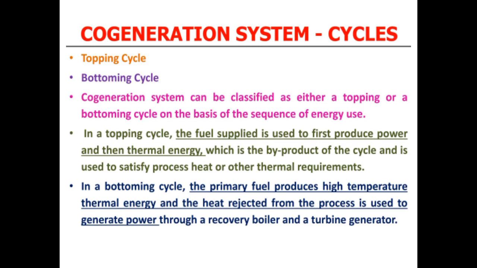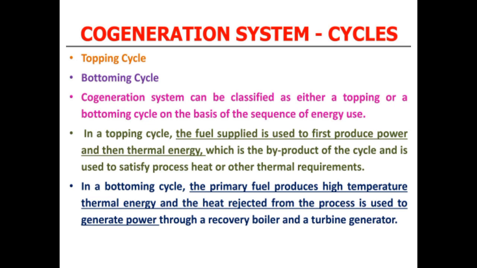The basic cogeneration system can be classified into topping cycle or bottoming cycle based on the fuel supply, and how to tell the heat rejection or heat absorption. Based on this, we have divided the cogeneration system into two types, the topping cycle and the next one is bottoming cycle.